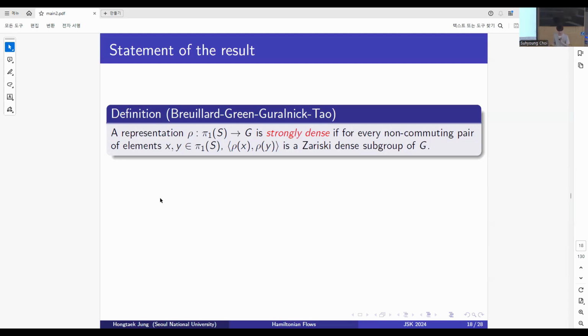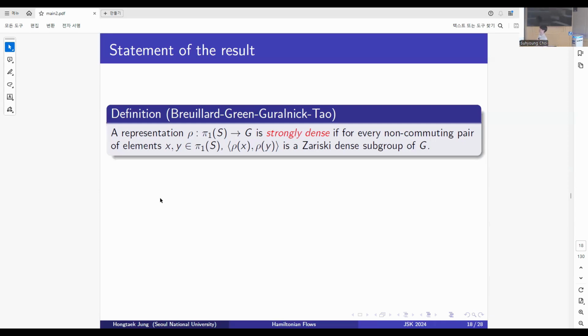I hope I pronounce the names properly. It's French, actually. They introduced the notion of strongly dense subgroup in an algebraic group. And this is a representation version of strongly dense subgroup.